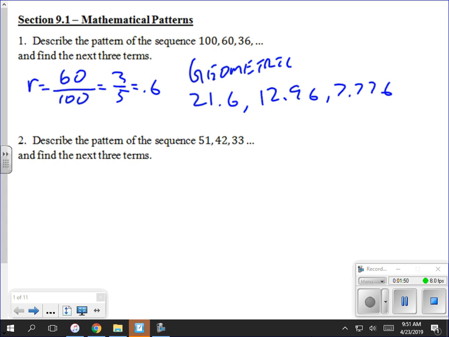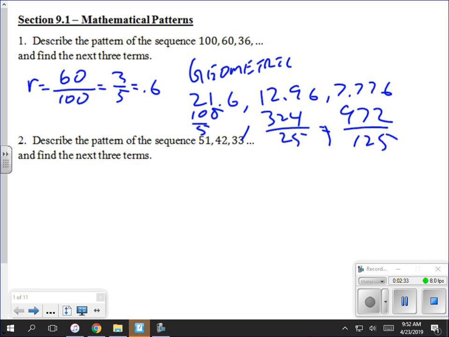Or as fractions, you get 108 over 5, 324 over 25, and then the next one would be 972 over 125.